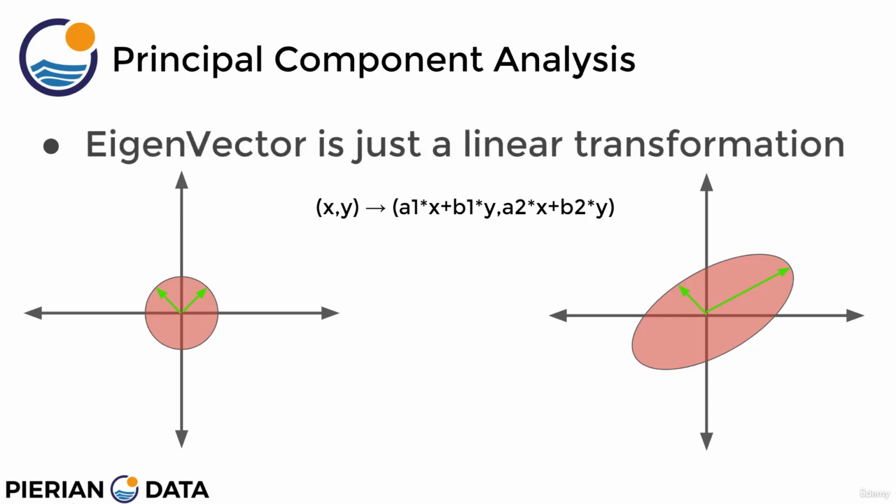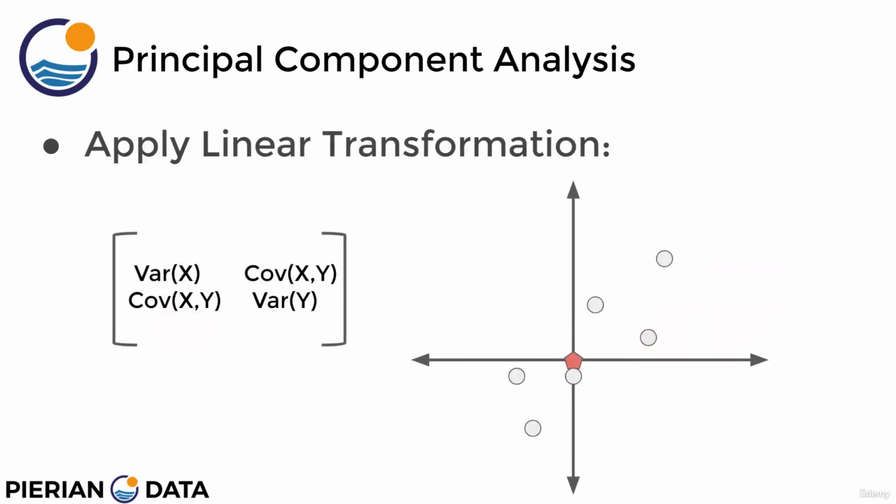So keep in mind that an eigenvector is just a linear transformation. So what we end up doing is we use the covariance matrix to apply a linear transformation to your original data set, and that results in the principal components, which are essentially your eigenvectors.